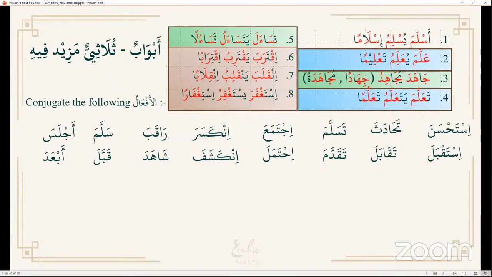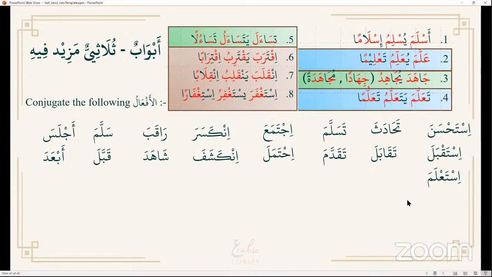Istaqbala. Again, this is very simple. This is the simplest family to find out. 8. Yes. Istaqbala, yastaqbilu, istiqbalan. Ista'alama. Again, same family.